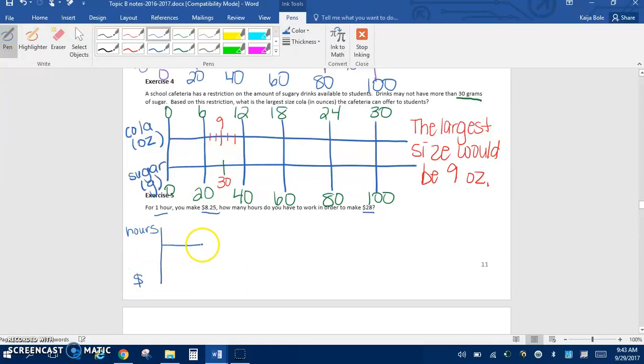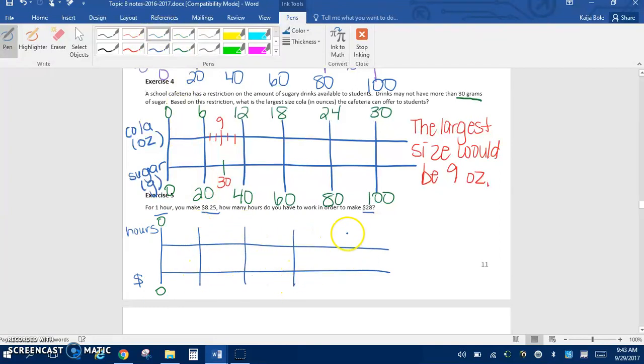We draw our 2 lines going out, and then we always start with zeros on the ends. Let's start with 4 lines: 2, 3, 4. The hours across the top, for every 1 hour, are going to be 1, 2, 3, 4.